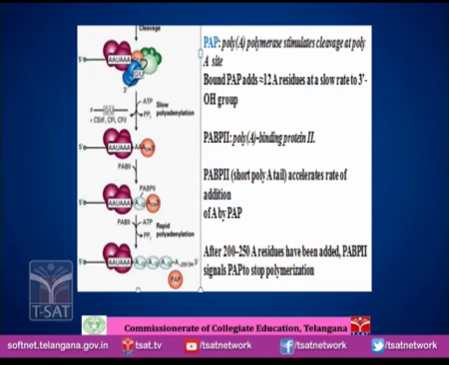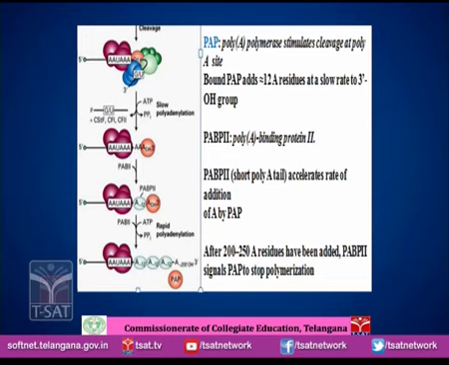The second one is that in the tailing mechanism, the sequences are important. So, finally what happens is the addition of up to 200 to 250 adenine residues at the 3' end with the help of 3 enzymes.